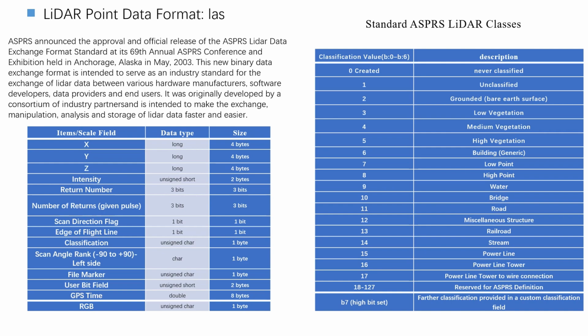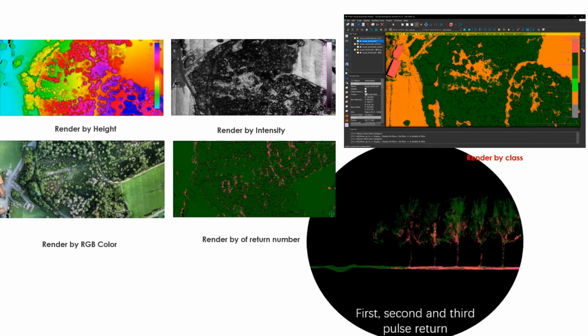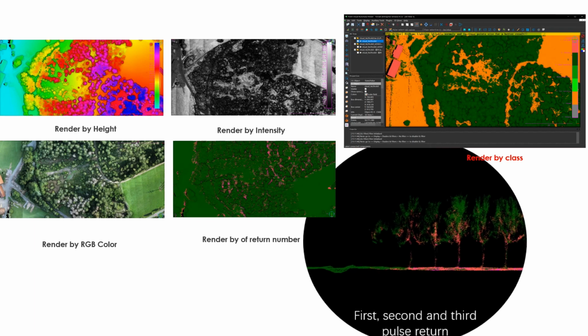Therefore, we can visualize the point cloud data in the following ways. We can render by elevation. Can be rendered in accordance with the intensity of reflection. Can be rendered in RGB shading. Can be rendered according to the number of echoes. Of course, you can also render by category.